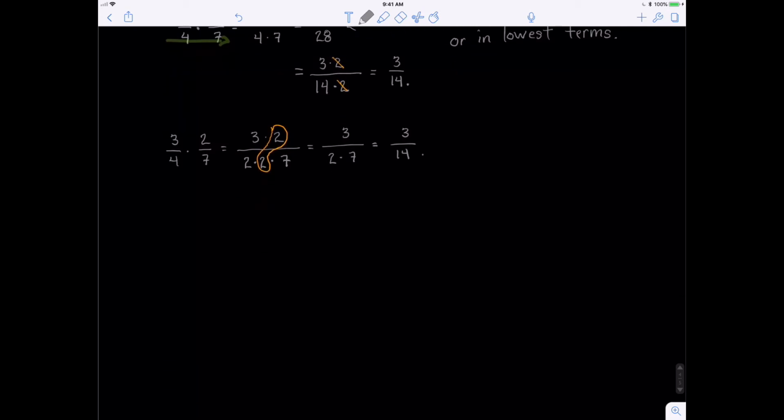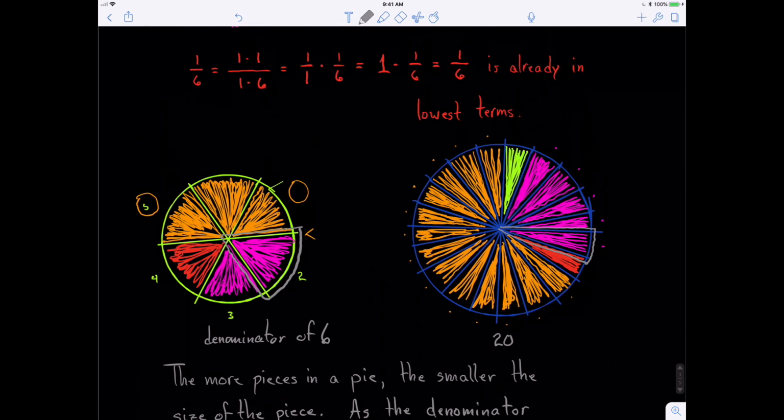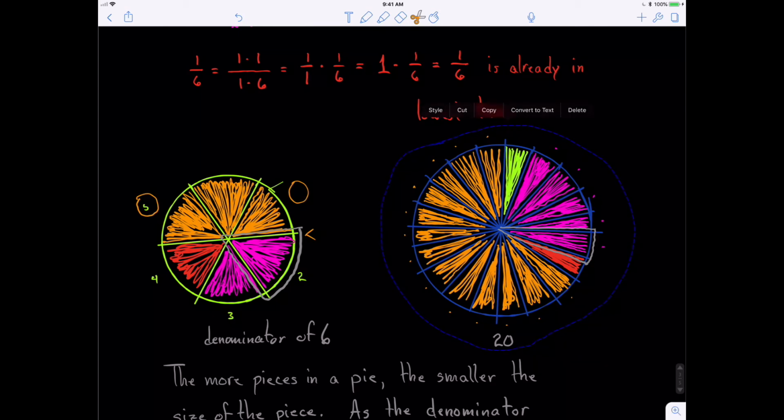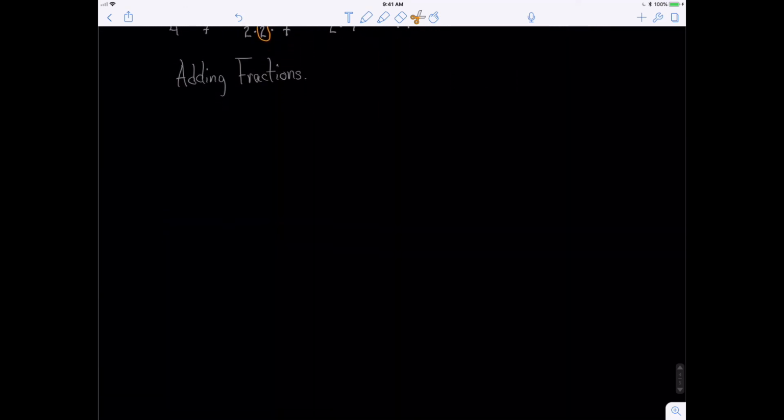Okay, now we're going to take a look at adding fractions. And to do that, I want to go pick up our pretty picture up above. So I'm going to make a copy of this, and let's put it down here where we can work with it.